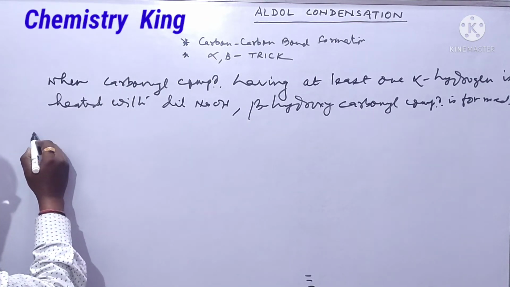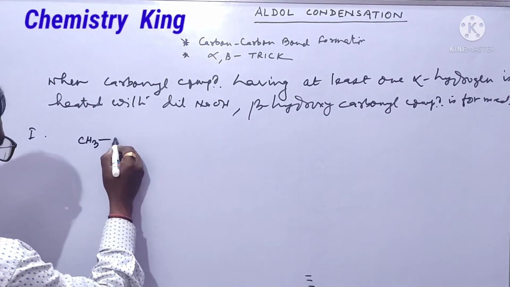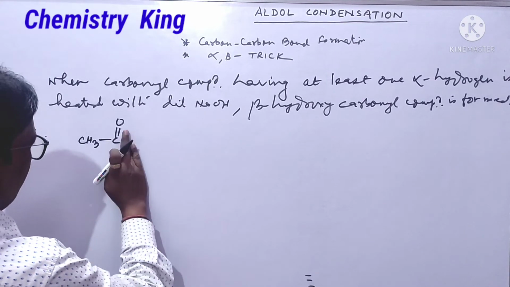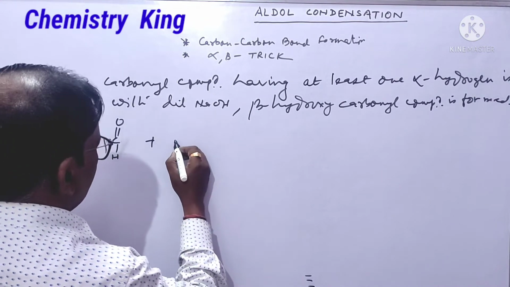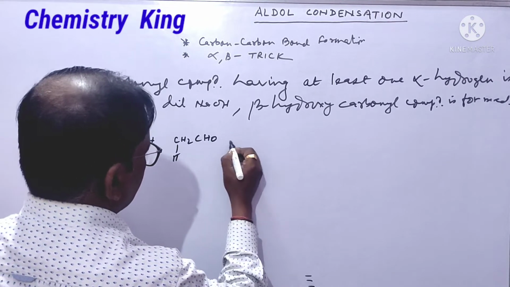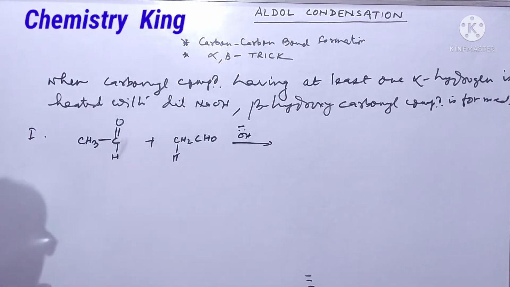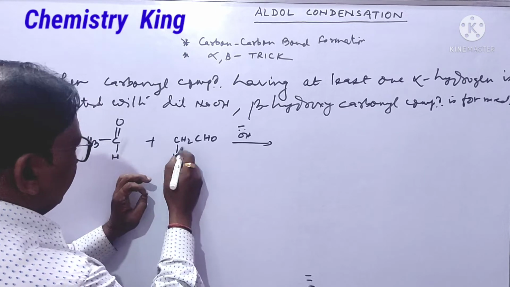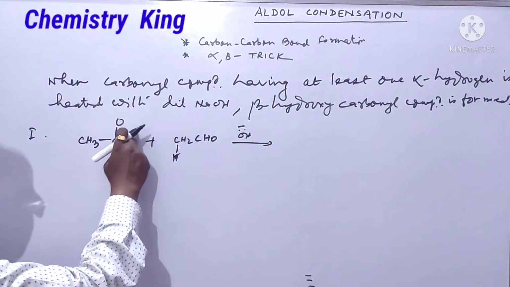Let us see two examples. First, it is aldehyde, acetaldehyde, and it is the second molecule of acetaldehyde. Here dilute NaOH is here. This base will abstract this hydrogen, leading to formation of negative ion, and its negative ion will attack here.